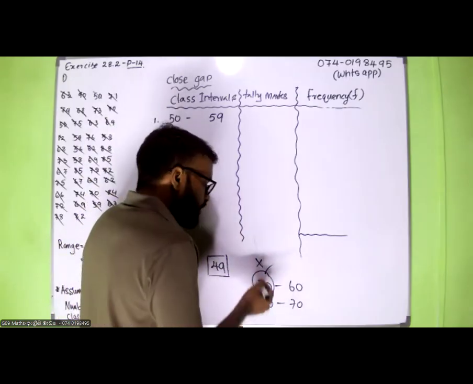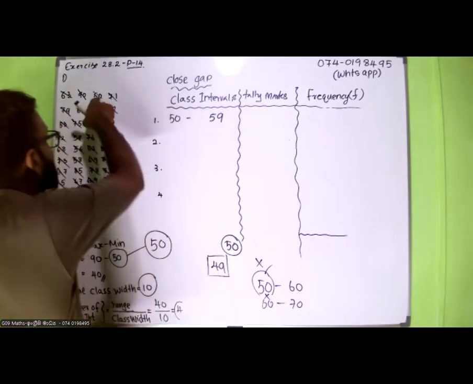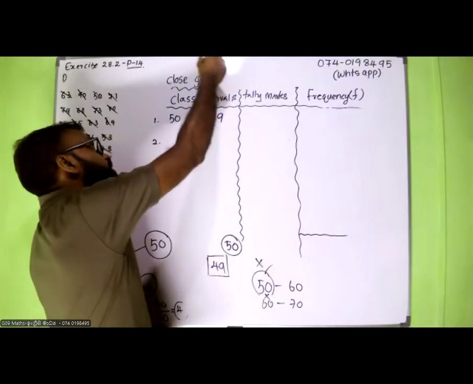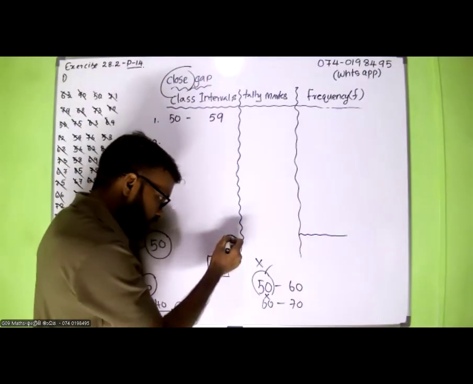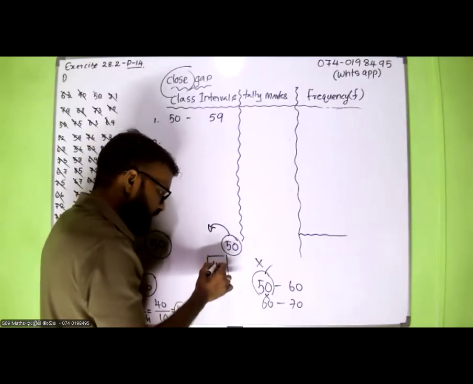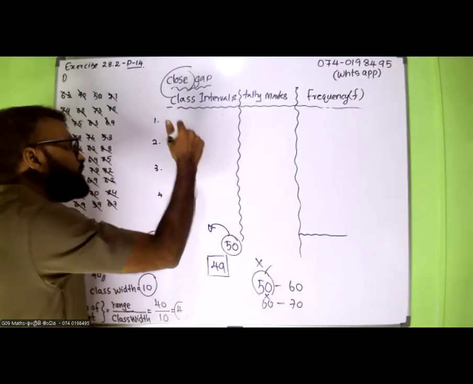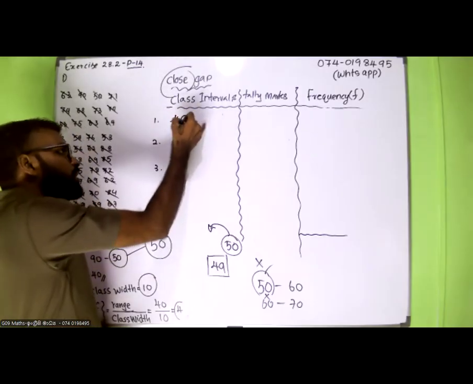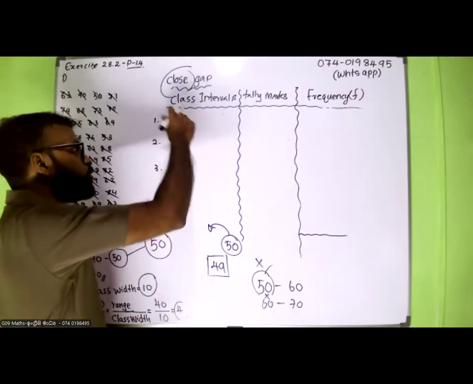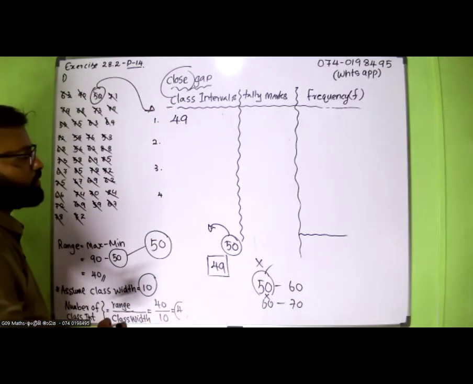So you need to subtract one from the minimum value of the data set, which is 50. If you are using the closed gap you need to subtract one from it, which is 49. So you need to start your class intervals from 49, so that you can put 50 into the first class interval.